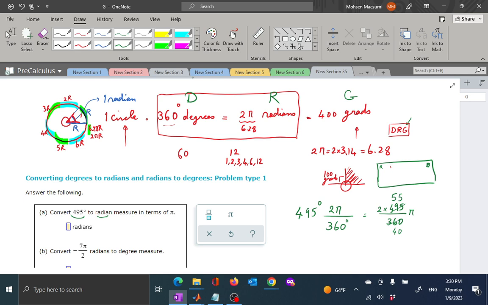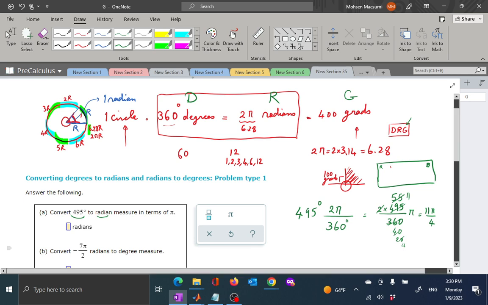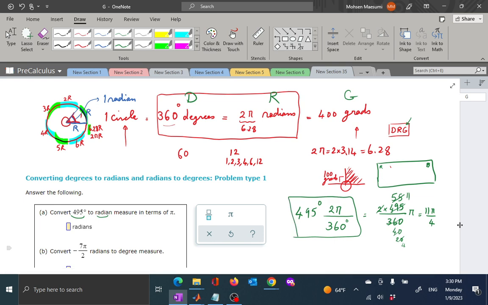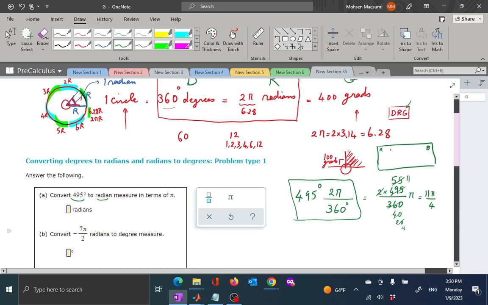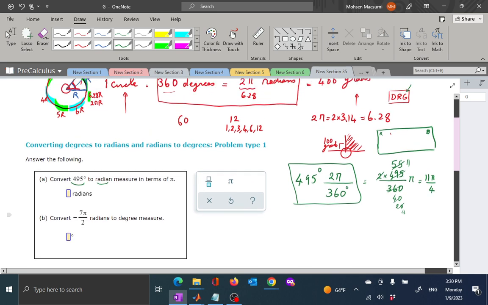Now I divide by 2, so that's 20. I divide by 5, 11 and 4, so it becomes 11 pi over 4. It's not asking you to simplify, but it's a good exercise for you to do it. So when you want to enter it, you probably could have entered it just like this and gotten away with it, but for your own edification perhaps you want to practice a bit of simplification.